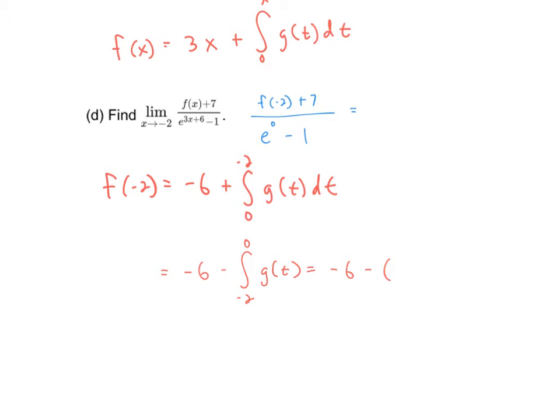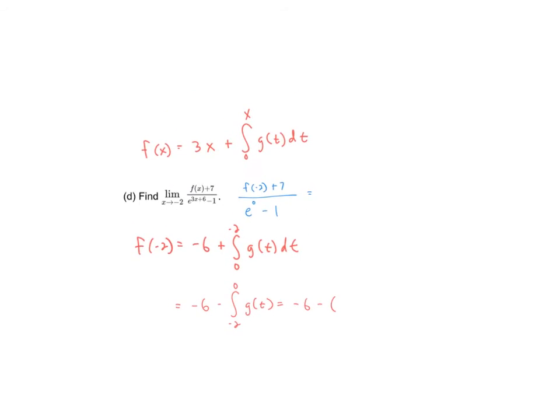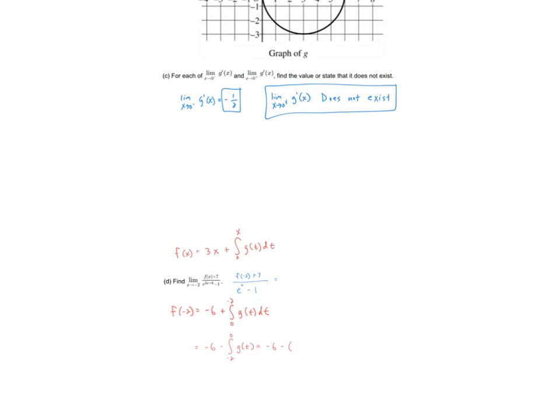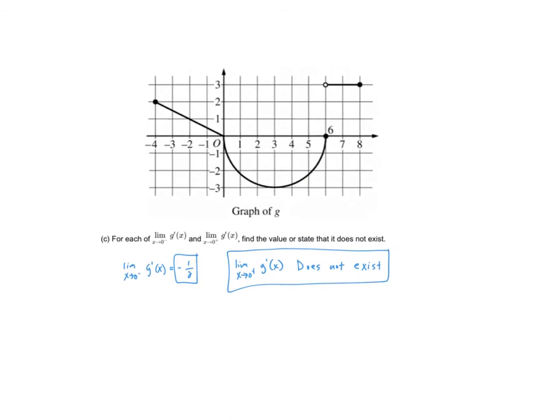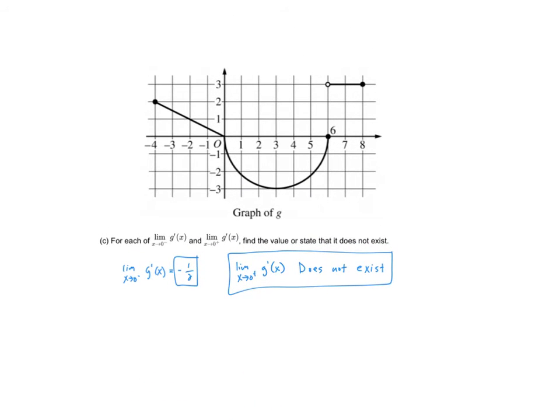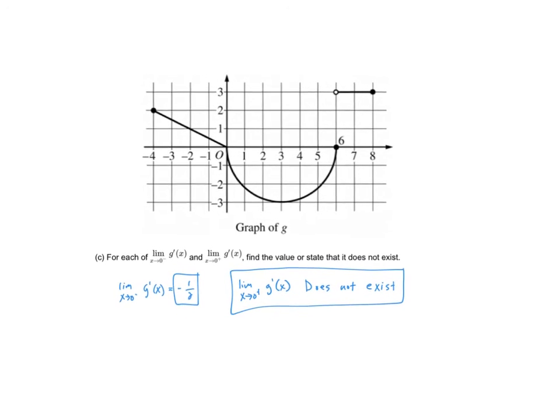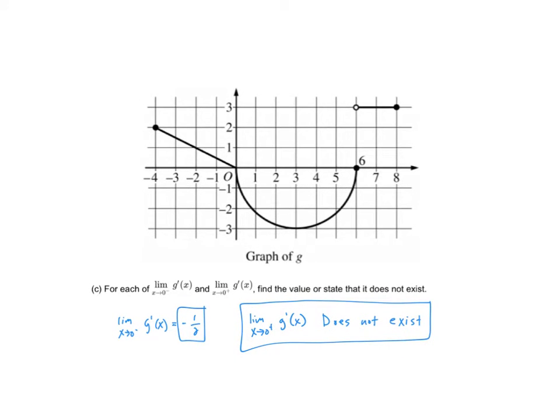Now this says we want to find the area between the graph of g and the x-axis from -2 to 0. So let's do that. From -2 to 0, we can see this area.